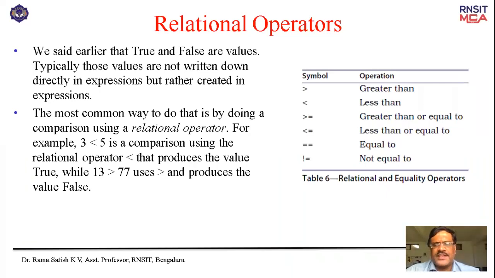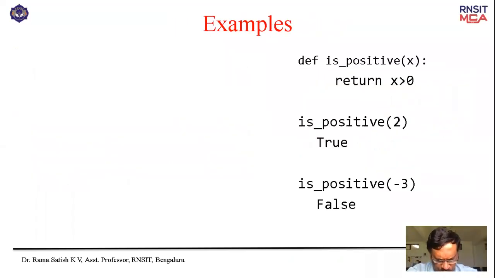Okay, this is a pretty well-known concept, so I'm just introducing it, and you can certainly use relational operators along with function definitions. You can see return x greater than 0. So what is this function doing?